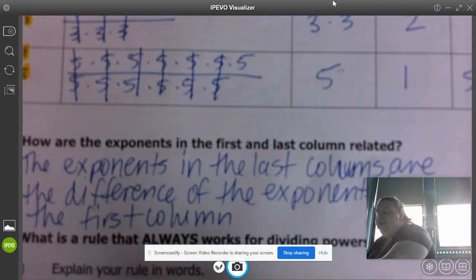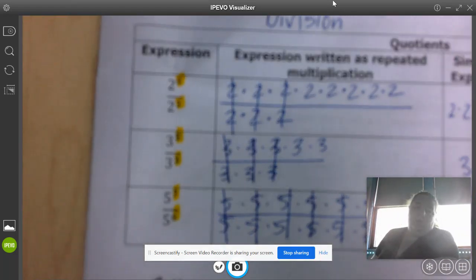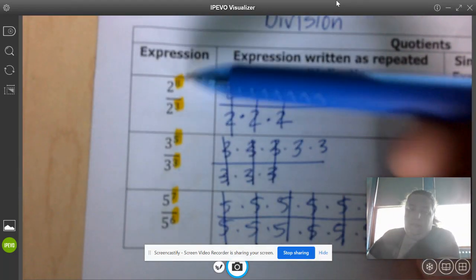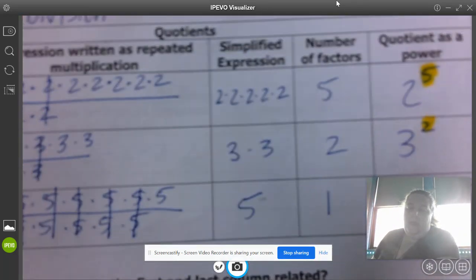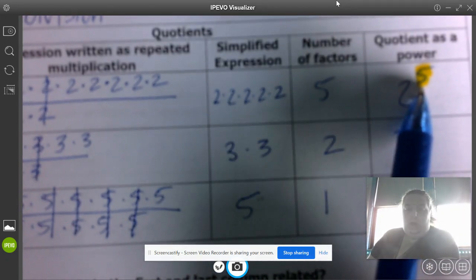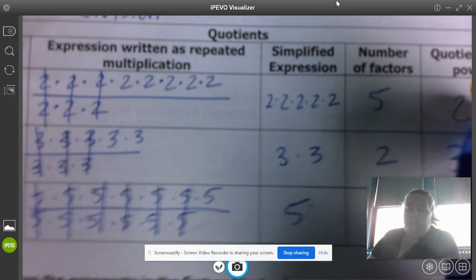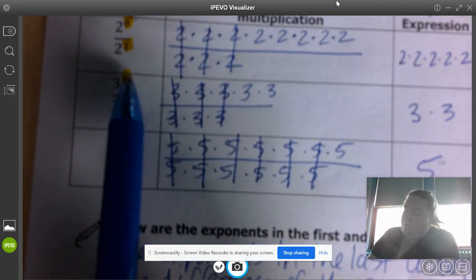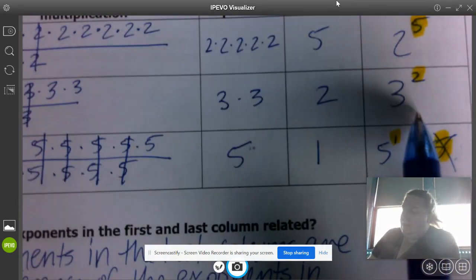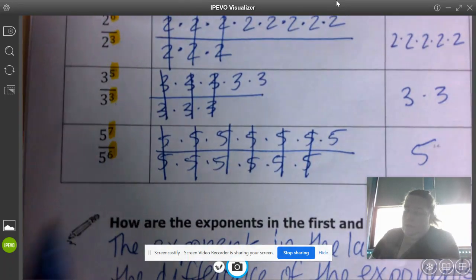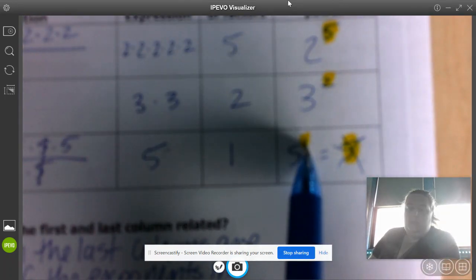Basically, difference means to subtract. So if I take whatever the top one is, subtract the bottom one from it, I get my new one. So 8 minus 3 is 5. 5 minus 3 is 2. 7 minus 6 is 1.